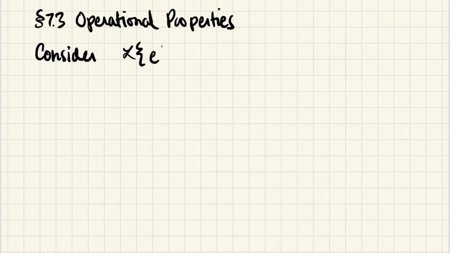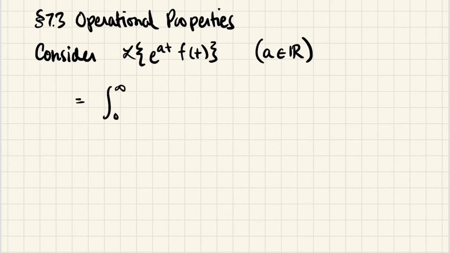So let's say we want to take the Laplace transform of e to the at times some function, and a is just some real number. Well, using the definition of Laplace transform, that would be this particular integral here.